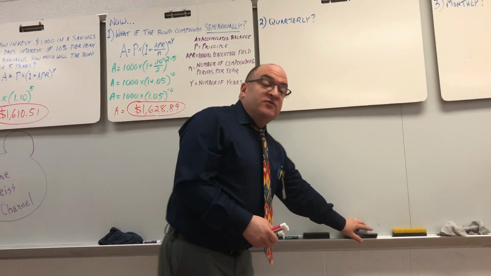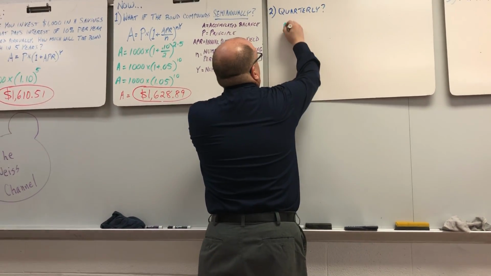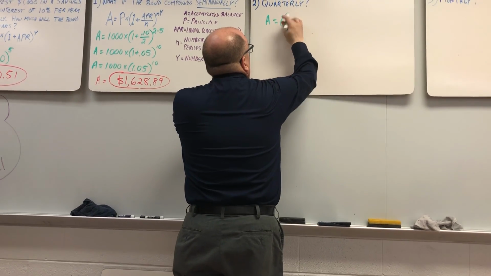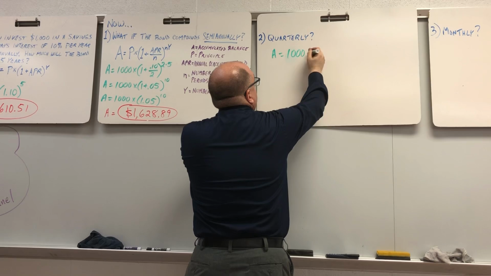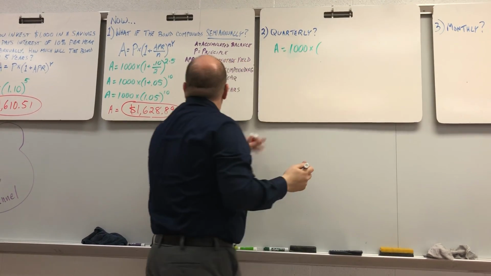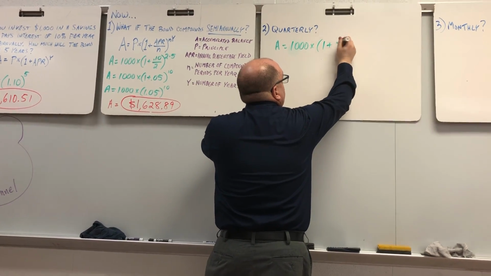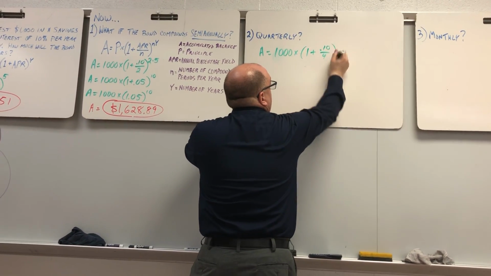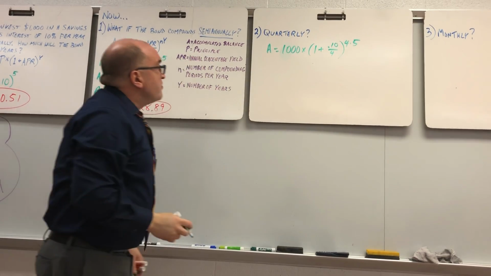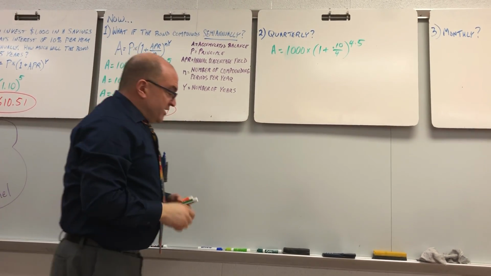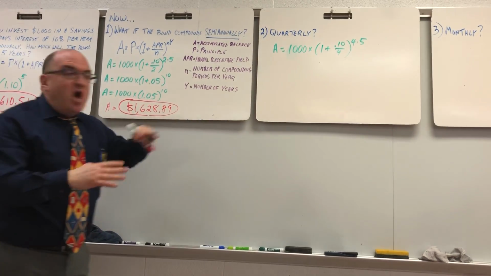Quarterly is 4 times a year, right? So what does that mean? That means A equals 1,000, we're using our $1,000 example, times 1 plus 0.10 divided by 4 now, to the 4 times 5 power. So here's what I suggest: instead of doing multiple steps, let's do it all in one step.